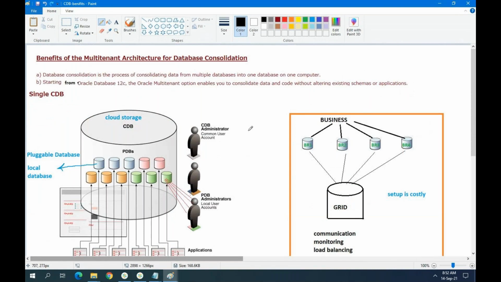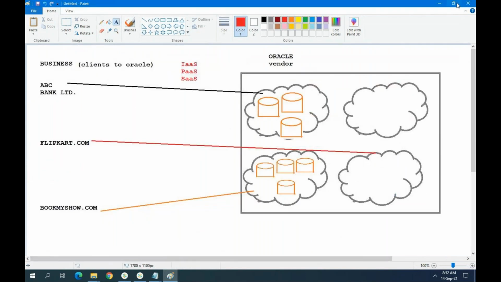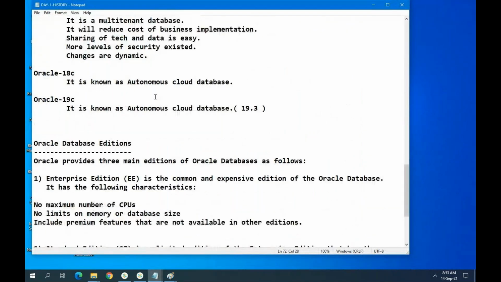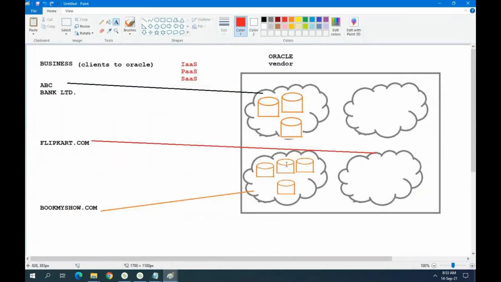This is about the cloud database or cloud storage area. After 12c, we have another database version, 18c. So 18c and 19c are both known as autonomous cloud databases. Up to 12c, the cloud is provided by Oracle and maintained by Oracle.